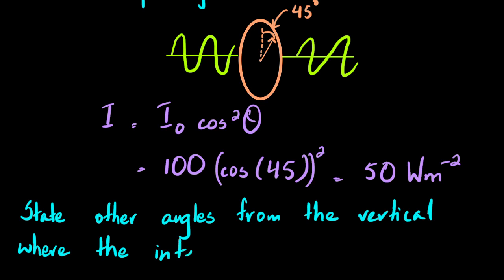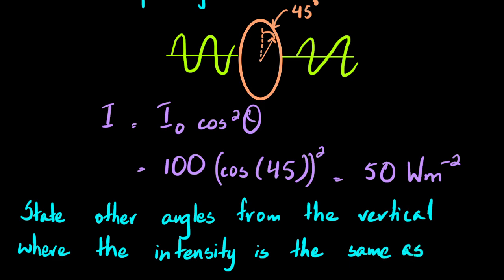Right, so what the question is basically asking is that even at different angles, when will the intensity still be equal to 50 watts per meter square? So we need to find these angles.